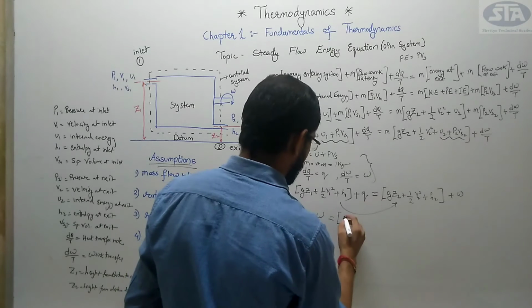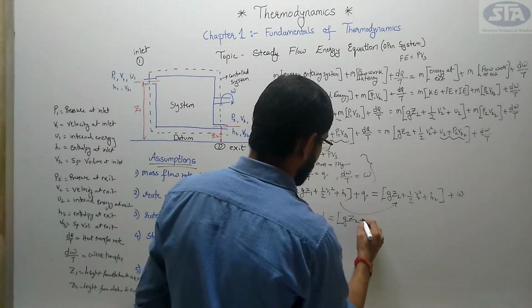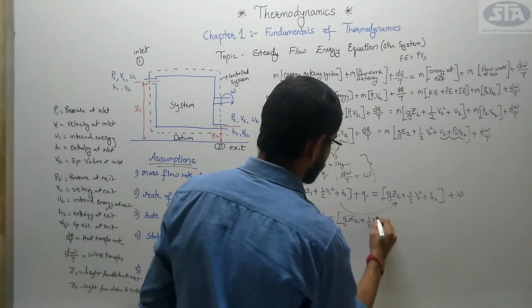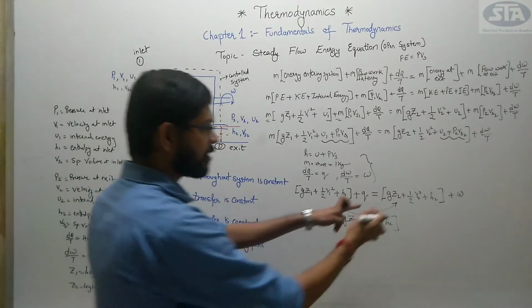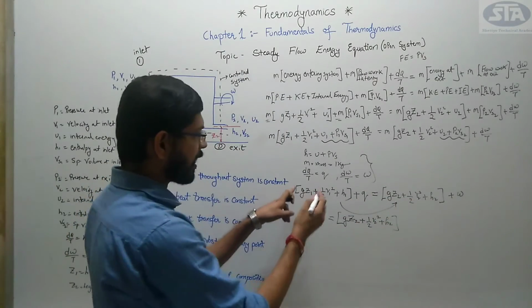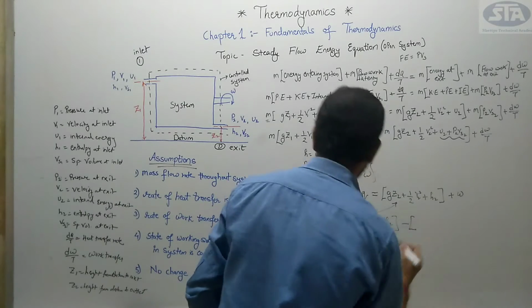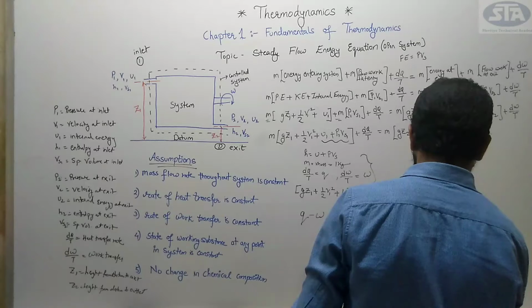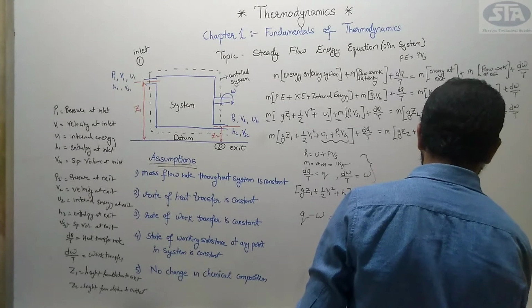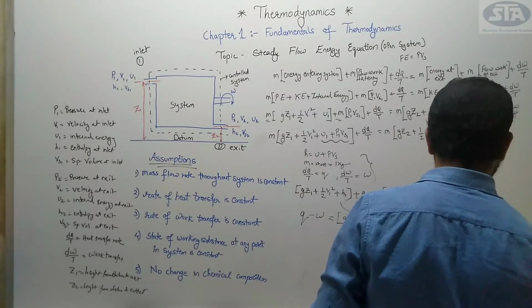So I am writing this first bracket as it is, gZ2 plus half V2 square plus H2, right? I have written this bracket as it is. Now this bracket, as it is positive, it will go negative: minus gZ1 plus half V1 square plus H1.